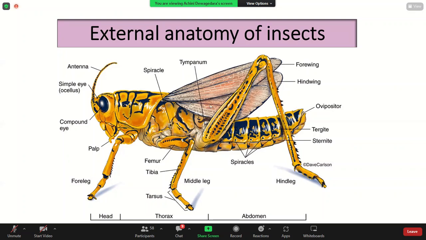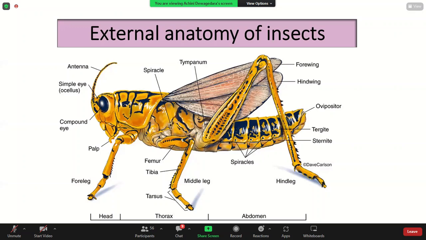So they have comparatively simple anatomy compared to other animals. I told you that there is a huge variation between insects. However, for easiness of studying, we are going to discuss a typical insect.